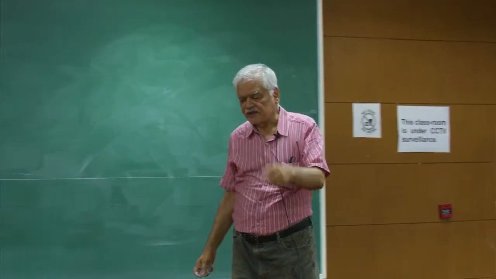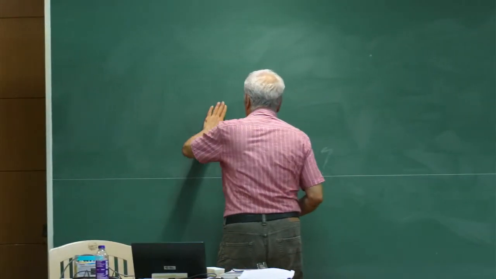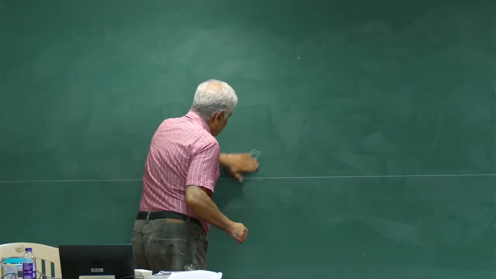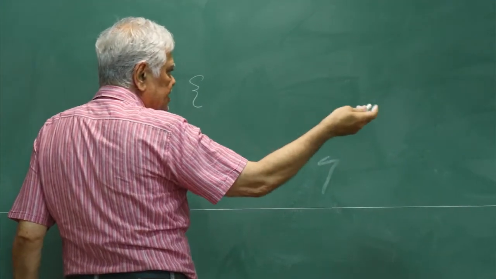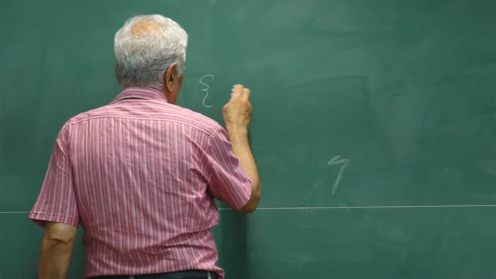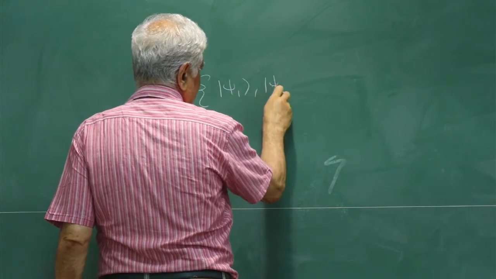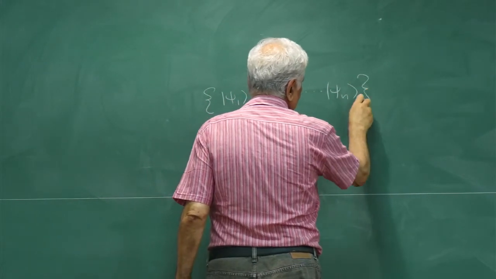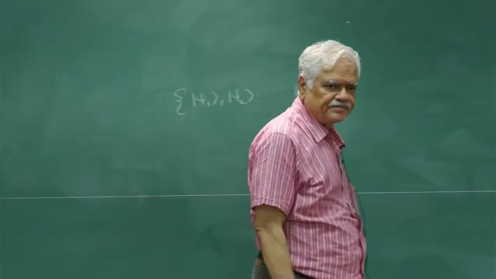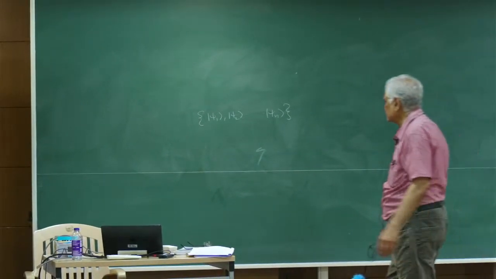I will not formally define a linear space, but I have to define linear independence. Suppose I take out of this linear space formed by the states a set of states like this. Now this set of states is called linearly independent.